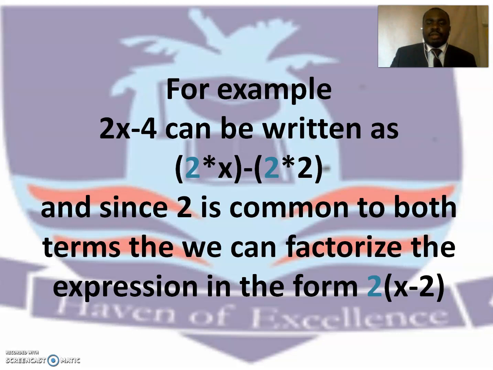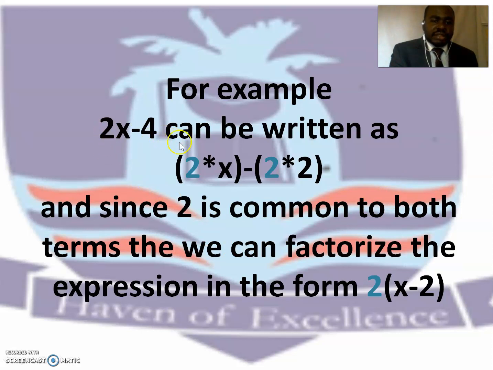But going back to what factorization means, factorization simply means separating an expression into such a form that is the product of two or more binomials, trinomials, or monomials. Looking at this, for example, we have 2x minus 4.